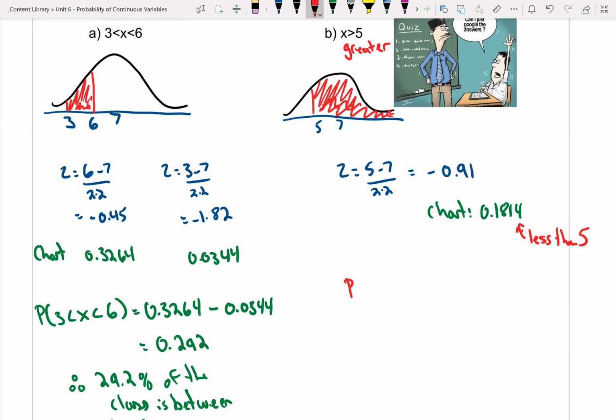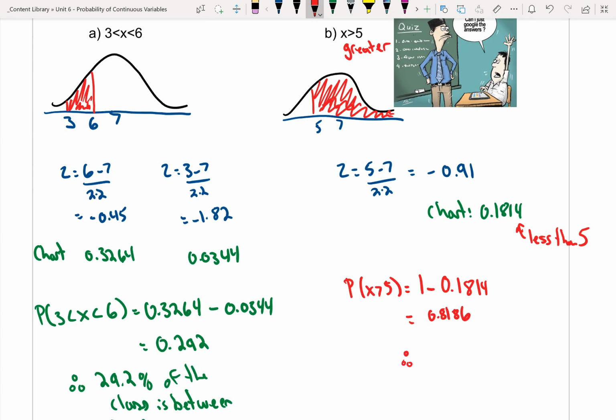So what I have to do is use my indirect method. So x greater than 5 is going to be 1 minus the percentage that's below or equal to 5, which I've just found out by going to my chart. So 1 minus 0.1814 is 0.8186.